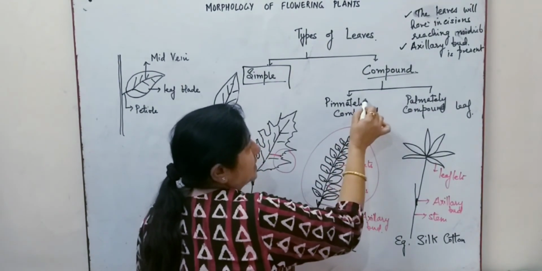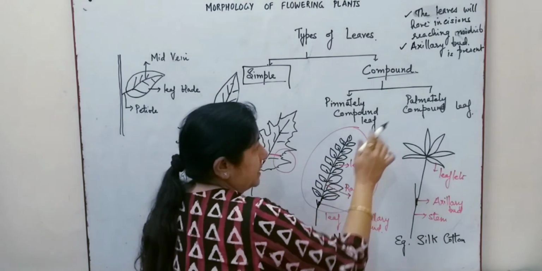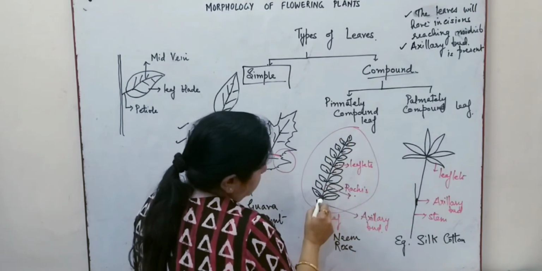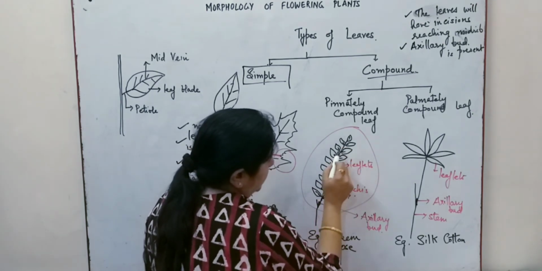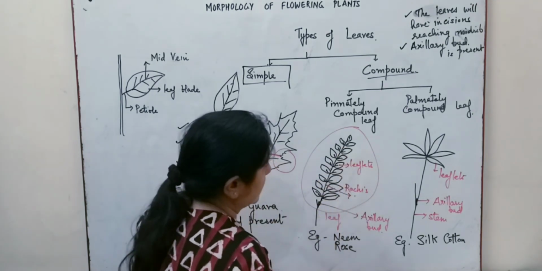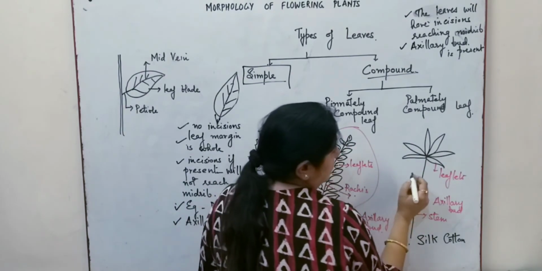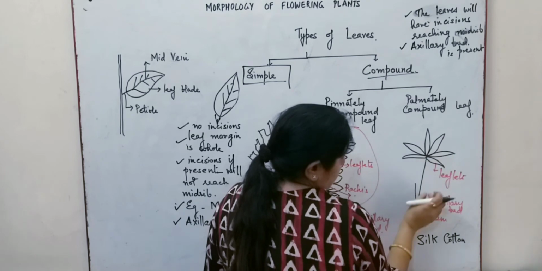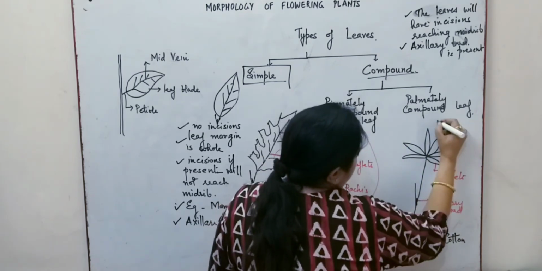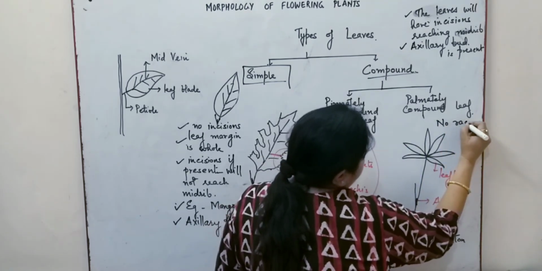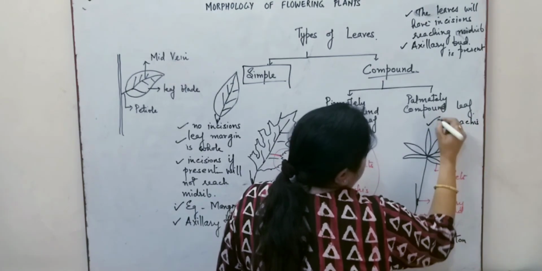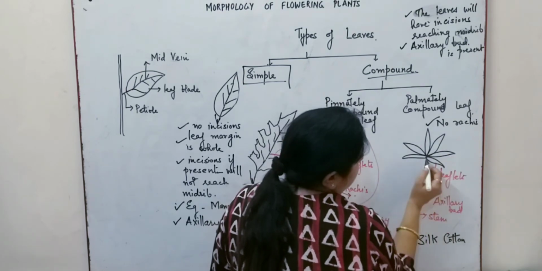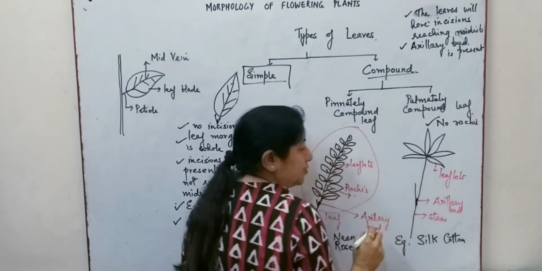Further, we are classifying them as pinnately compound and palmately compound leaf. In pinnately compound leaf, the leaflets are attached at a common point which is known as rachis. But in the palmately compound leaf, there is no rachis, and the leaflets are arranged at the tip of the petiole.